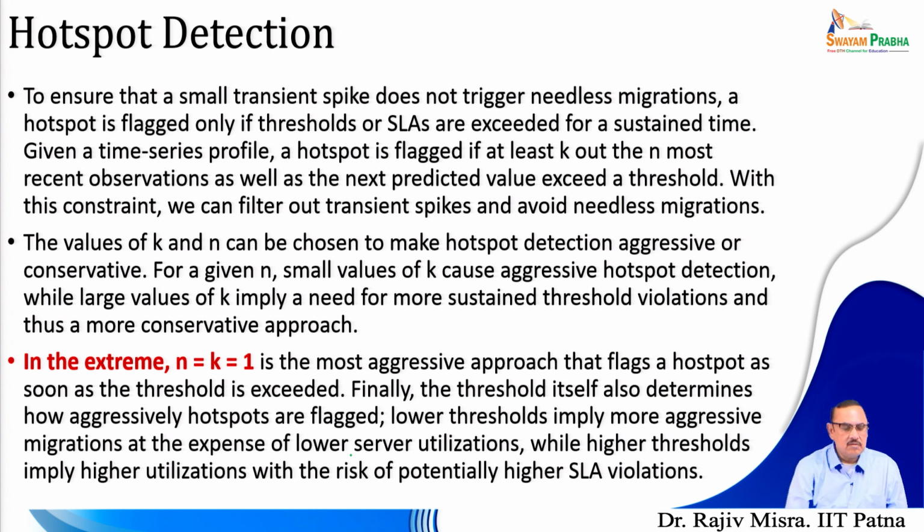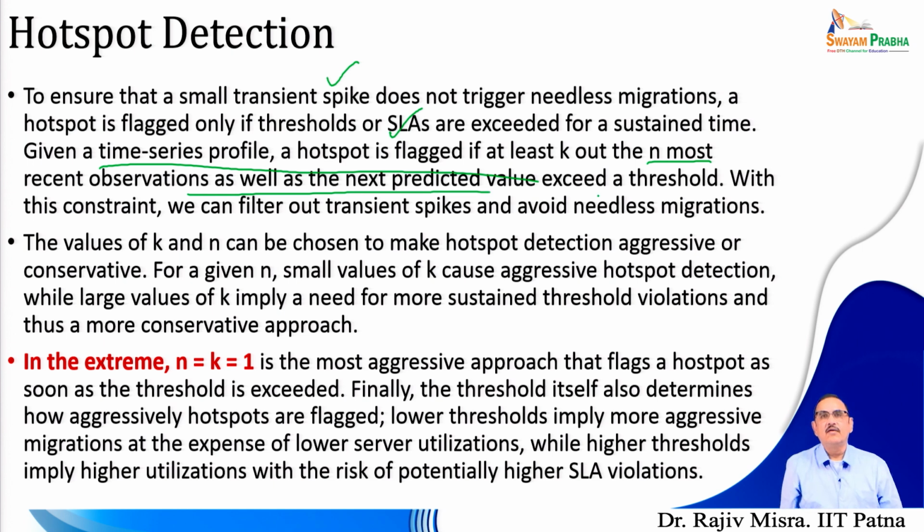Now, to ensure that a small transient spike does not trigger migrations, a hotspot is flagged only if the threshold or SLAs are exceeded for a sustained period of time. Given the time series profile, a hotspot is flagged if at least k out of the n most recent observations as well as the next predicted value exceed a threshold. With this constraint we can filter out the transient spikes and avoid needless migrations.